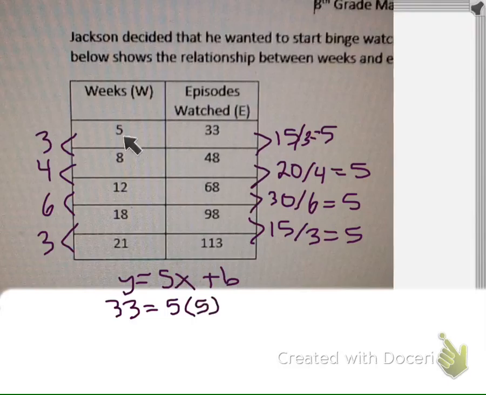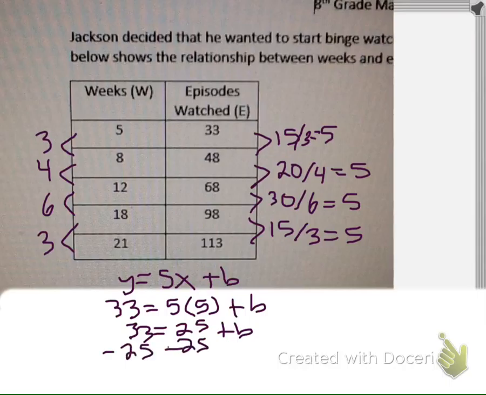Substitute in the 5 from the table, and then plus b, and I'm going to solve for b. 5 times 5 is 25. So I have 33 equals 25 plus b. Subtract 25 on both sides, and I end up with 8 equals b.